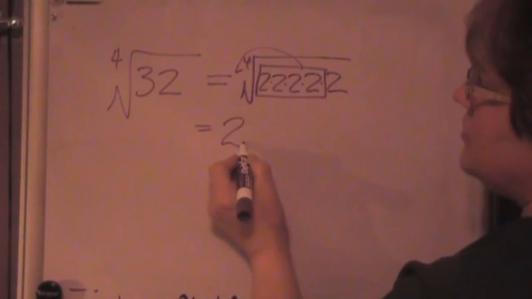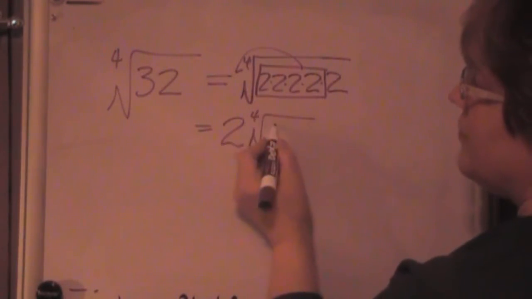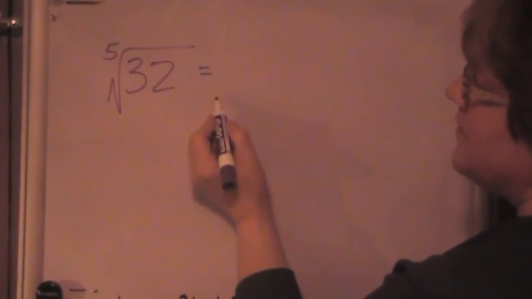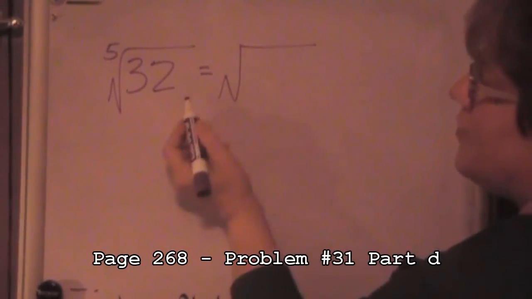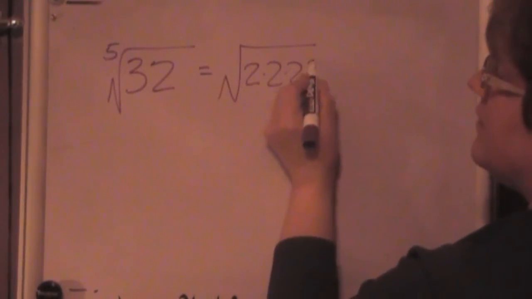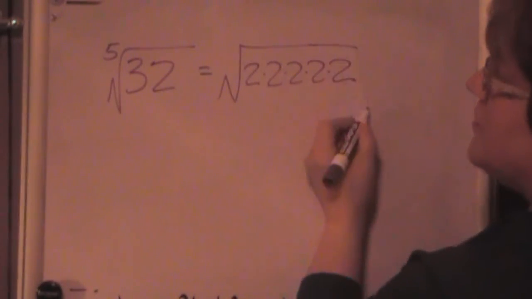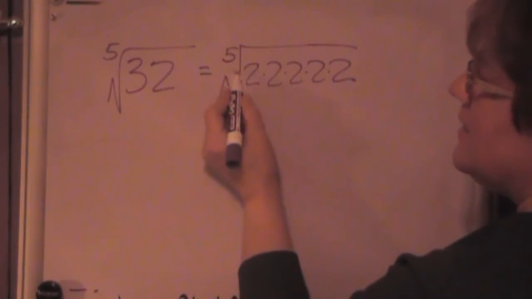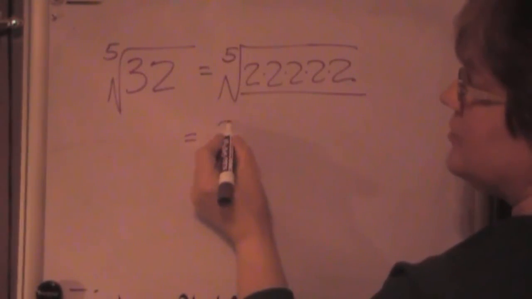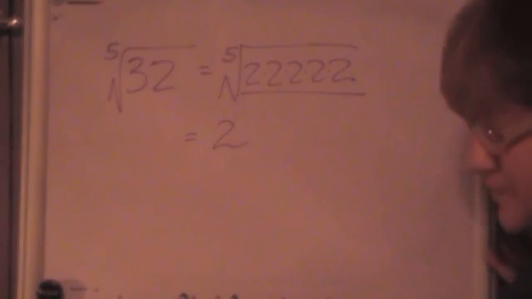So I'm going to bring out 2, and I have the 4th root of 2 left. Now as you can see, before when I had 4 of them, there really were 5 2's in here. That's 32. And since my index is 5, I bring 1 outside, and the 5th root of 32 is simply 2.